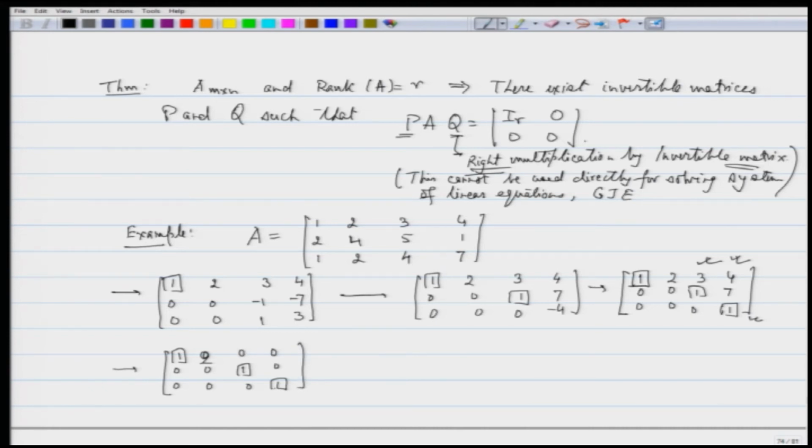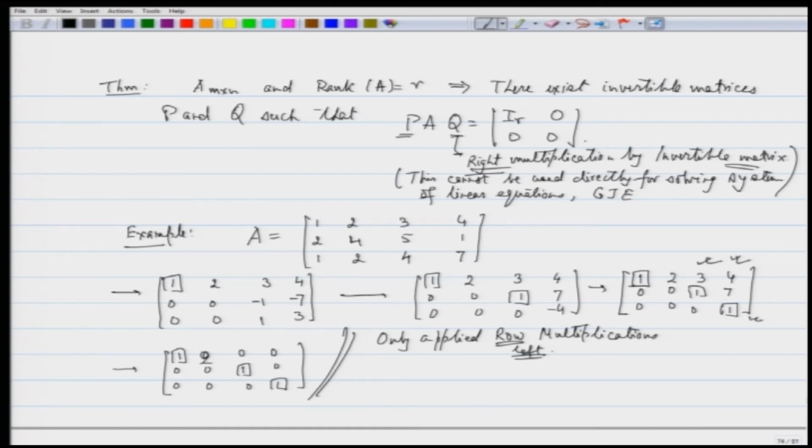Fine. So till this stage, I have only applied row operations, which means multiplication on the left.